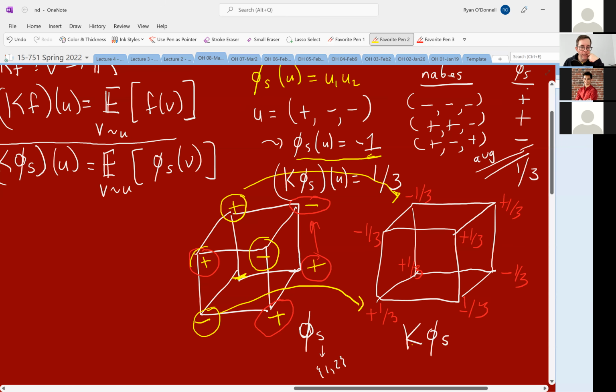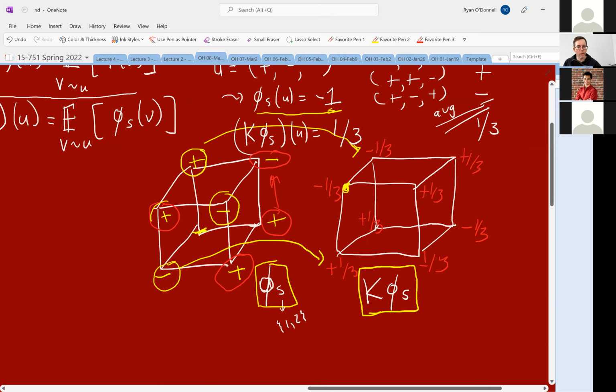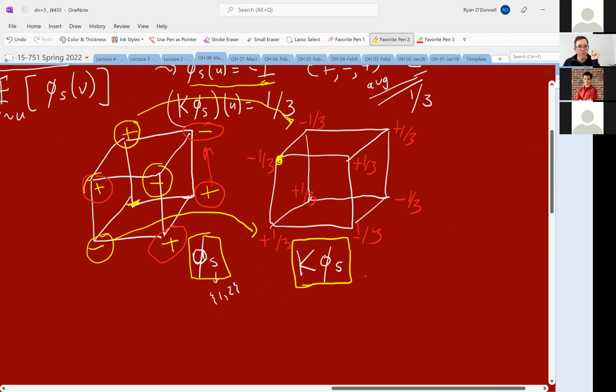So actually, k phi s as a function is sort of the same as phi s up to a scalar multiple. Like the value at each corner got multiplied by some value. Which value is that? Negative 1/3. Yeah, indeed. So what we just saw is that this is literally negative 1/3 times phi s.